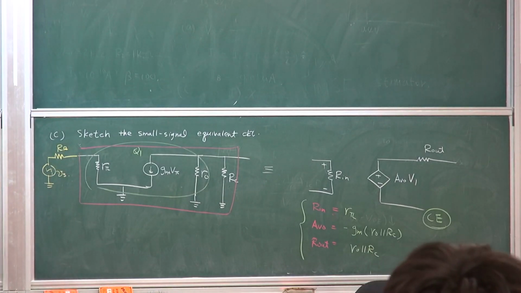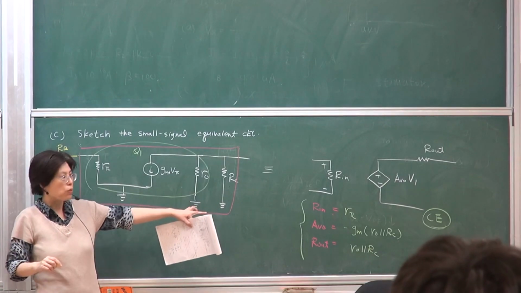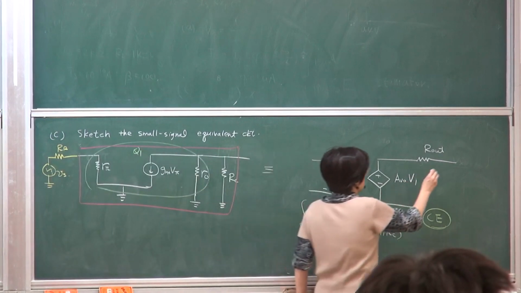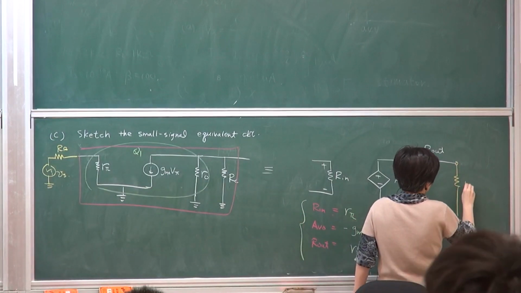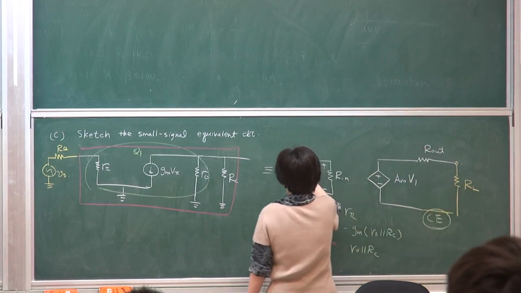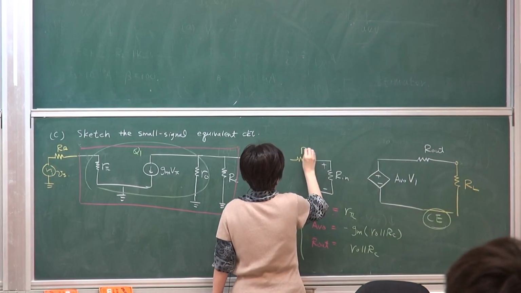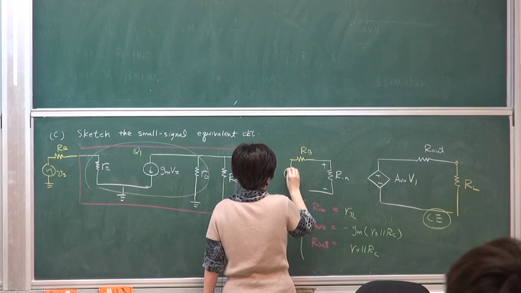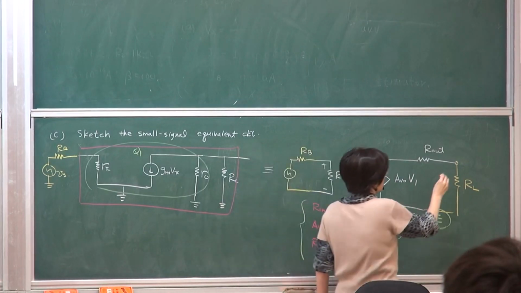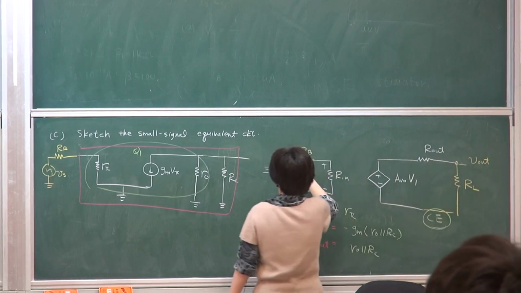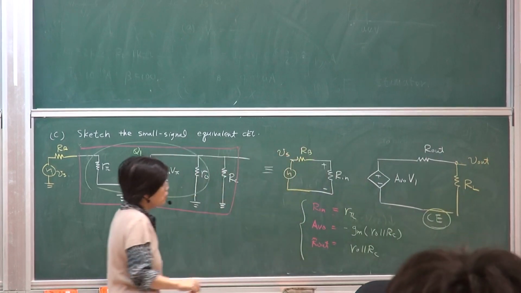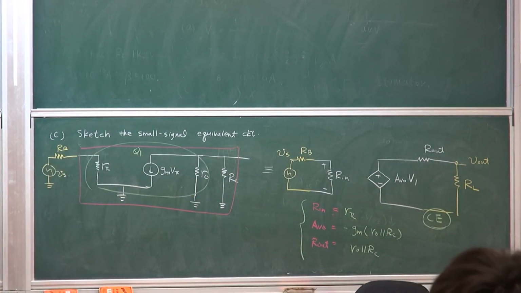So instead of open circuit voltage gain, I want to find out VL. For example, if this is connected to a load, and this is connected to RS. If I want to find out this, that would be the fourth part of the question.